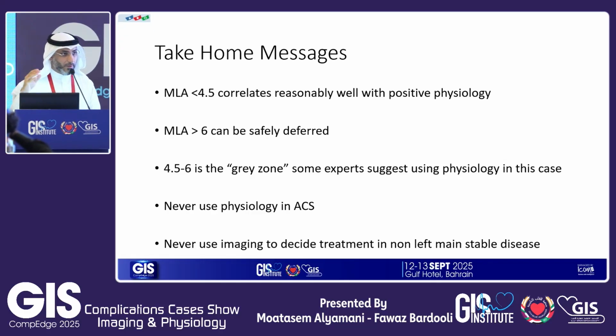If you have an MLA more than 6, then you can safely defer based on the literature, trials, and the guidelines. If you have the gray zone area in between, like this case, some experts suggest using physiology to decide. So from 4.5 to 6. And as demonstrated in this case, the area was more than 4.5. It's 4.7 is the MLA, and the iFR was negative, and the patient was doing well 2 years after.